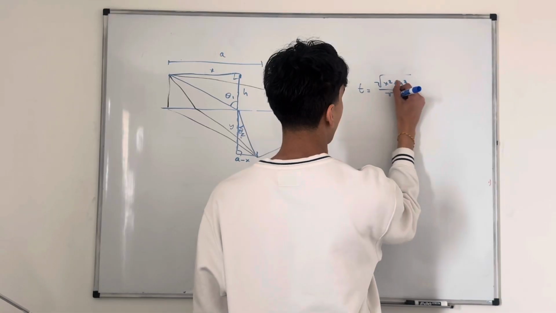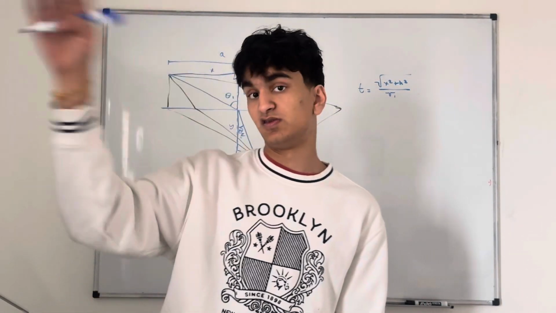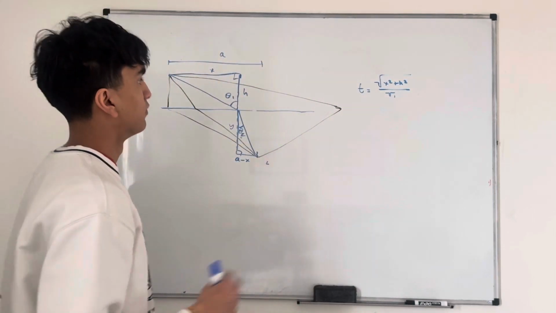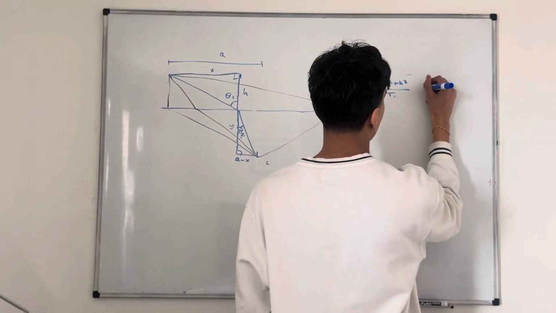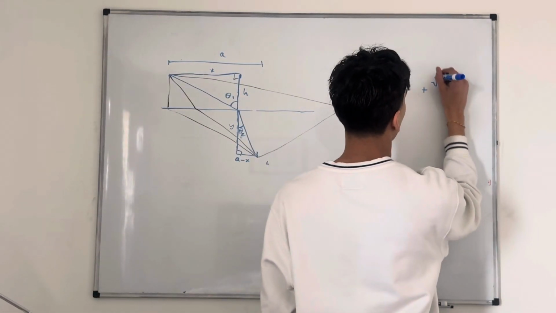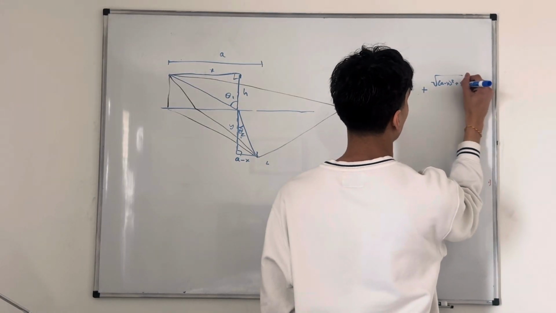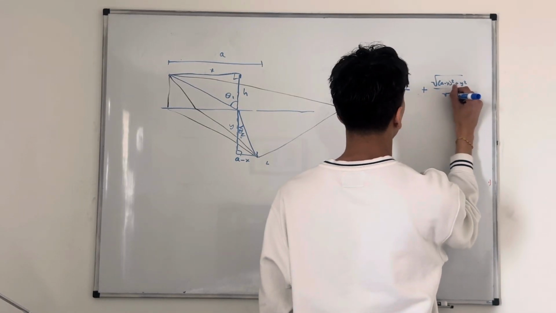And we'll relate that back to the index of refraction, because v ends up being c over n. We're going to add on to that the time it takes for the second segment, which is the square root of (a minus x) squared plus y squared, over v2.